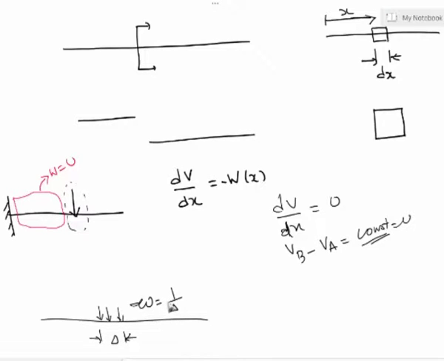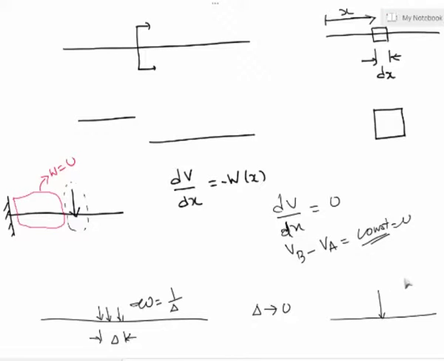Now imagine the situation as delta goes to 0. Then this UDL is spread within a very narrow region, so it is almost behaving like a concentrated load.